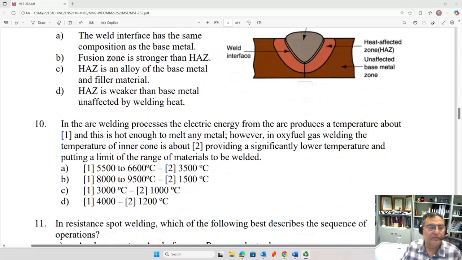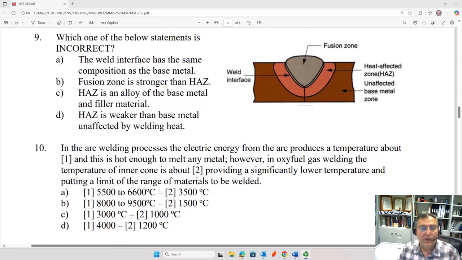Next question. In the arc welding processes, the electric energy from the arc process produces a temperature of about number 1, and this is hot enough to melt any metal. However, in oxy-fuel gas welding, the temperature of the inner cone is about number 2, providing a significantly lower temperature and putting a limit on the range of materials to be welded.